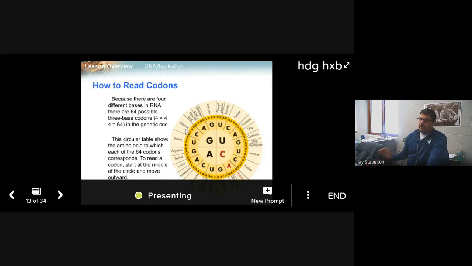Now, alanine can have 4 different codons. Alanine can be GCC, like I just said. It can also be GCU, GCA, and GCG. All right, do this in the chat.